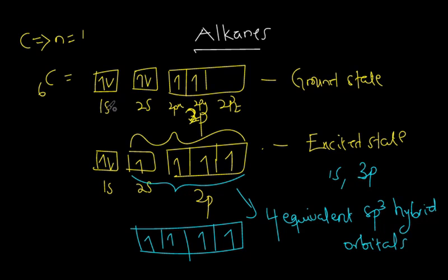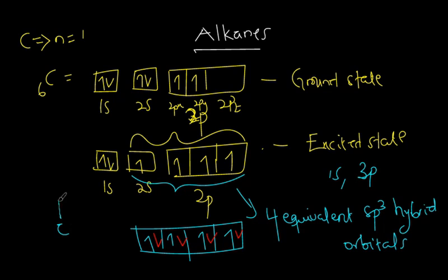So from here, it means carbon can form 4 bonds. It can allow other elements to bring their 1 electrons together so that they will form a bond. So you can pair this up: 1, 2, 3, 4. So carbon can form 4 bonds, and it has room for 4 more electrons.